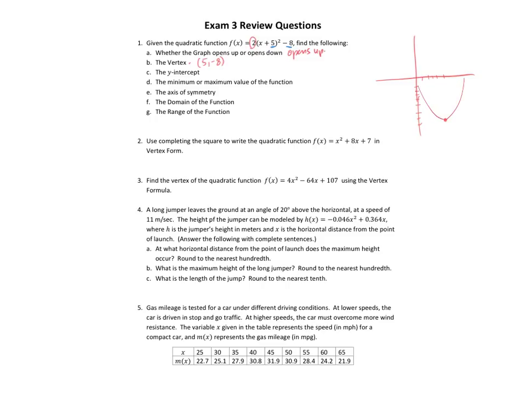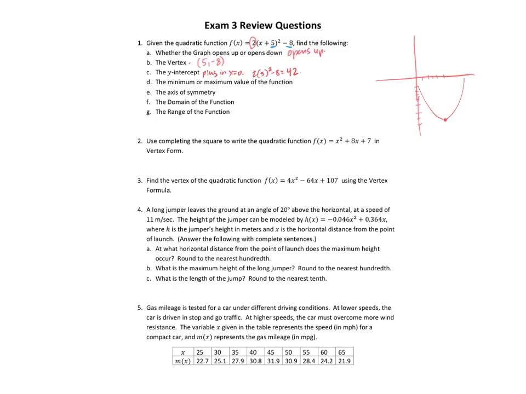Now I need to find this intercept, the y-intercept. So to find that, I plug in x = 0. So if I do that, I get 2 times 5 squared minus 8. So that gives me 25, 50. 50 minus 8 is 42.